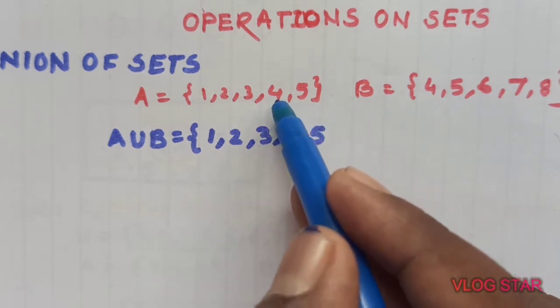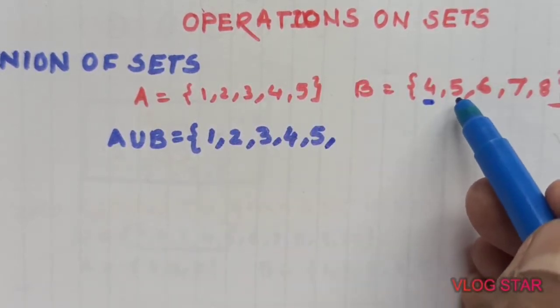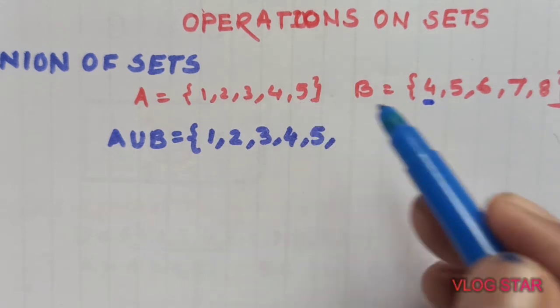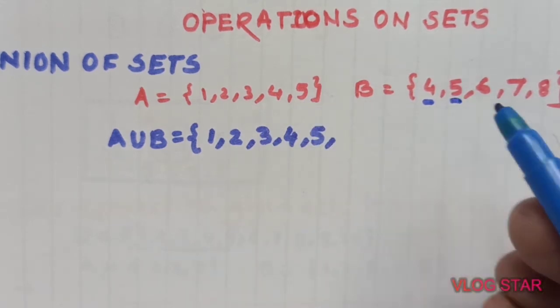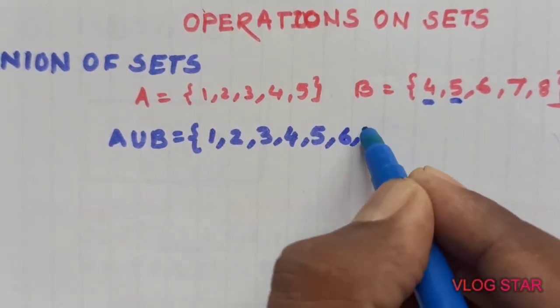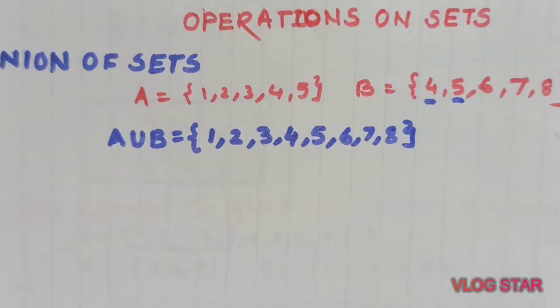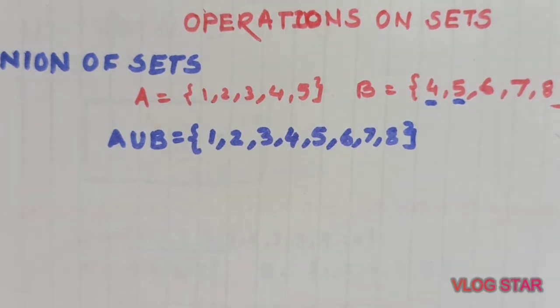Because 4 is already taken, we are not supposed to take 4. 5 is also mentioned in the set, so I cannot repeat it, so I leave that 5. I will add 6, 7 and 8. So in simple language, union of two sets means combination of two sets, but elements are not repeated.